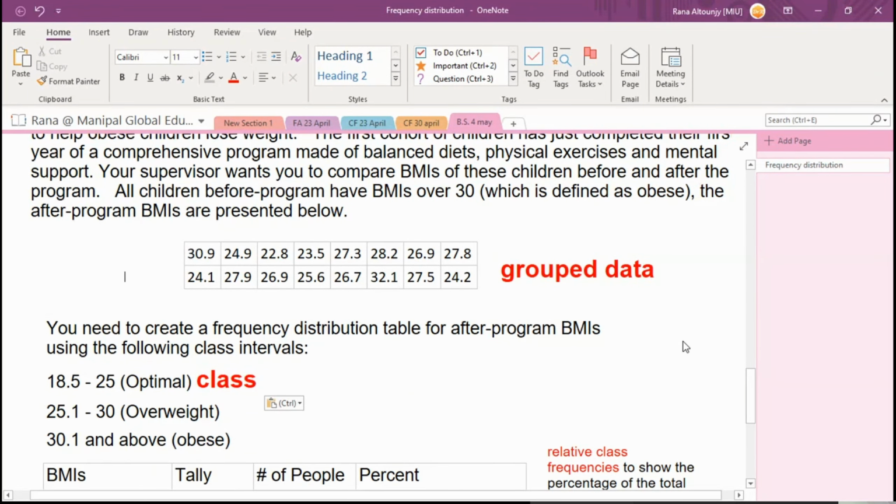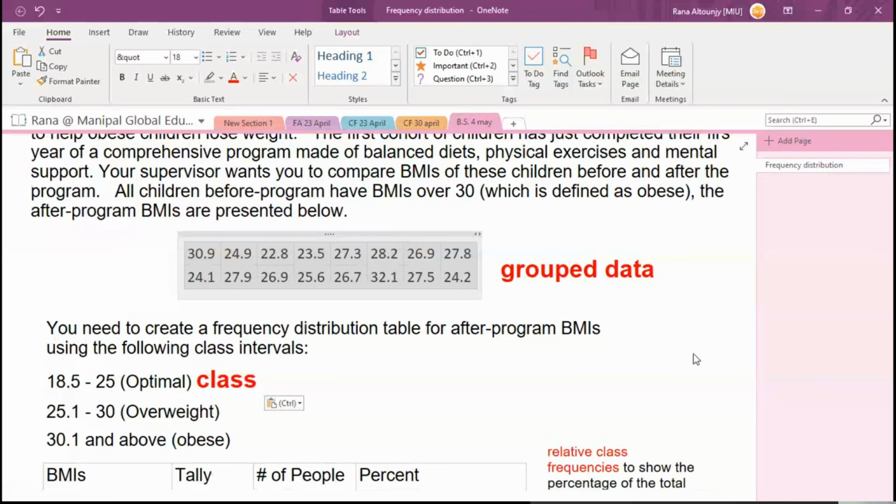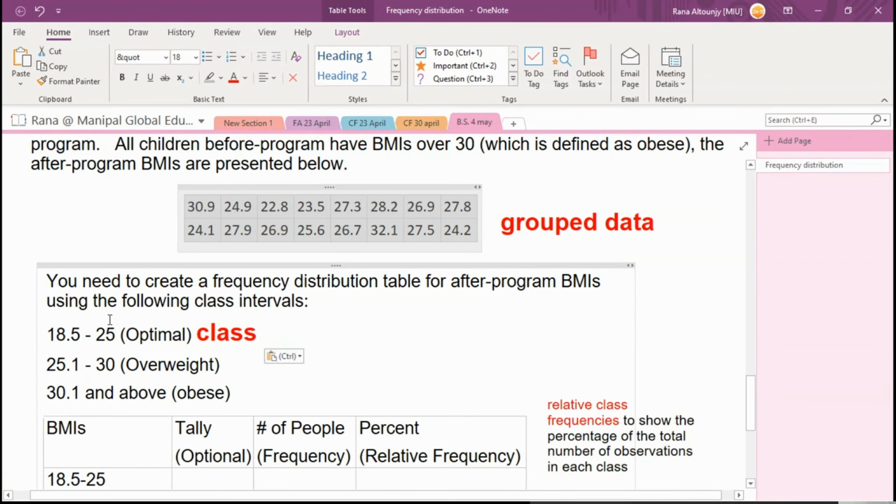So what you are required to do, and as we mentioned, this data we call grouped data, is all our data. You need to create a frequency distribution table for after program BMIs using the following class intervals. We mentioned this is the interval.